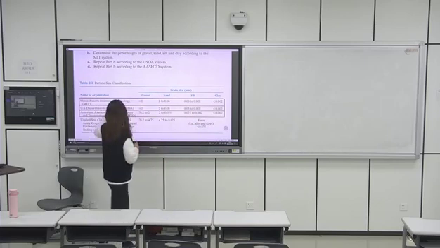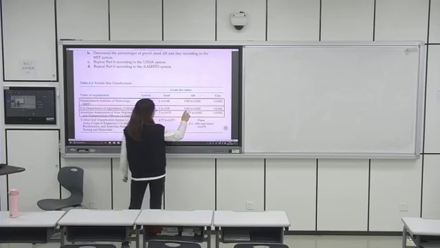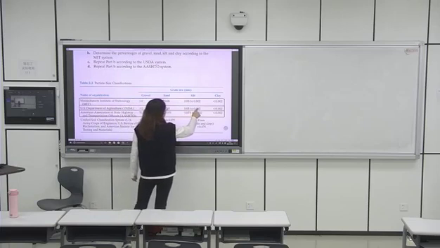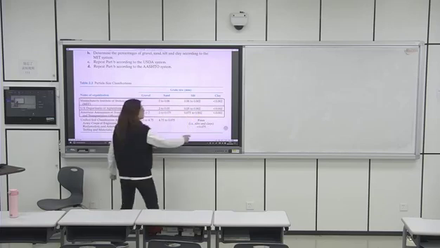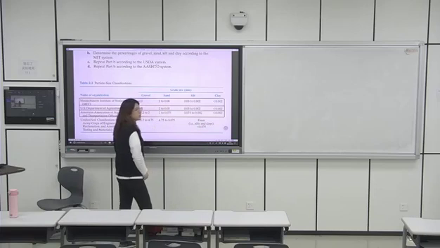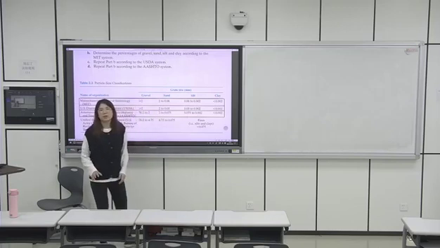For example, in the USDA system, silt means the particle size is between 0.002 and 0.05 millimeter. And for clay, they are all the same, smaller than 0.002 millimeter. But you see for gravel, sand, and silt, there are some differences.